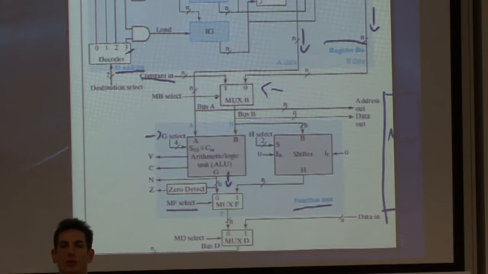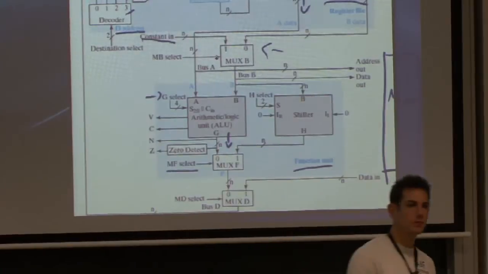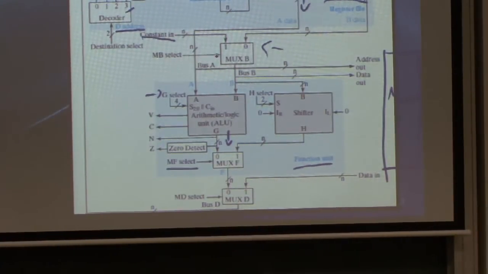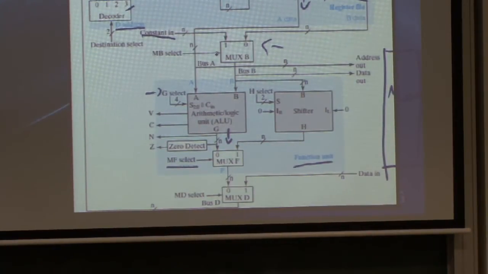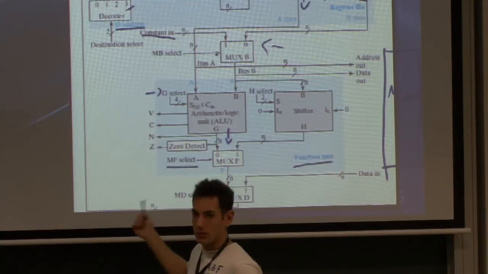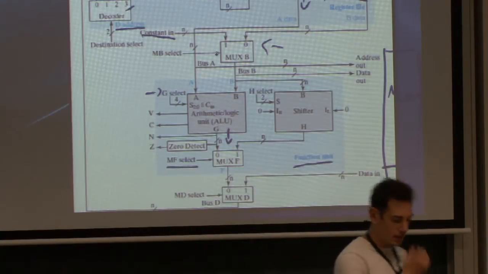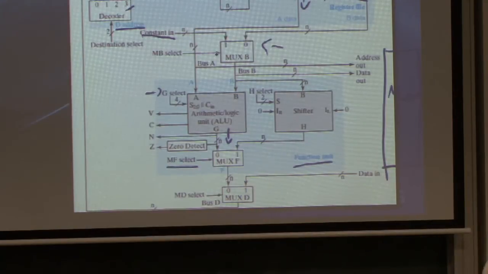So I'm just sort of showing you the different options, that you can mix and match those control signals to get the different operations. Obviously, you don't have to remember this whole thing by heart. I hope you now have a better understanding of how this whole thing works. So if I showed you the diagram, you will be able to understand what's going on.